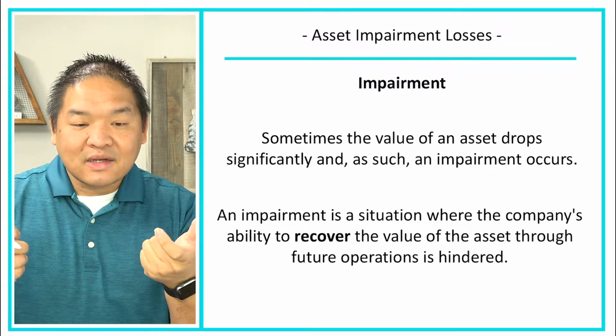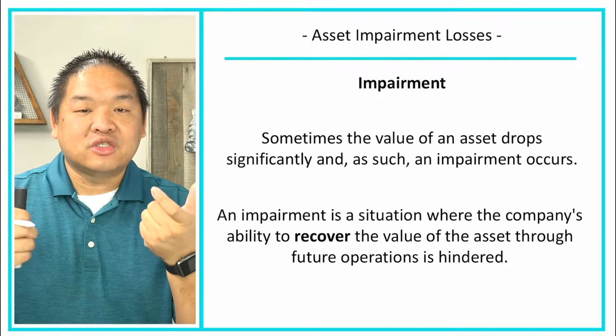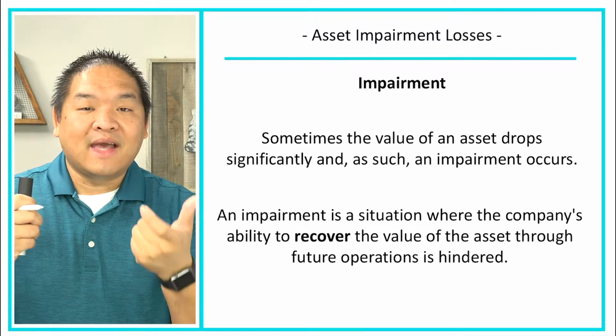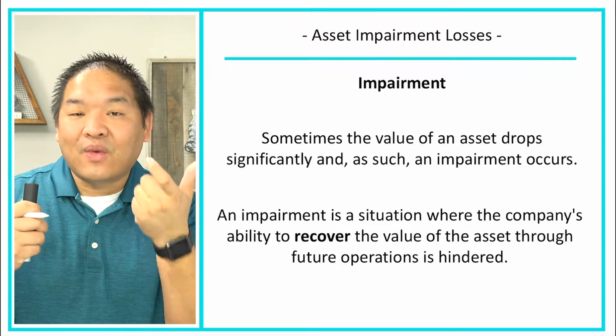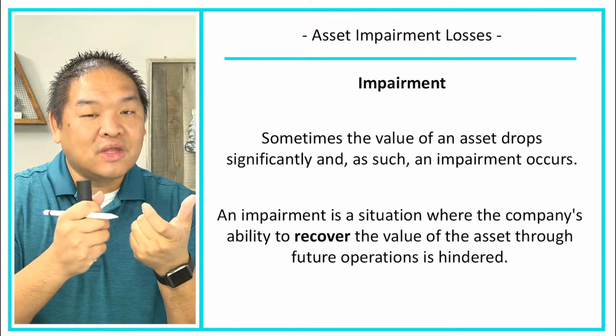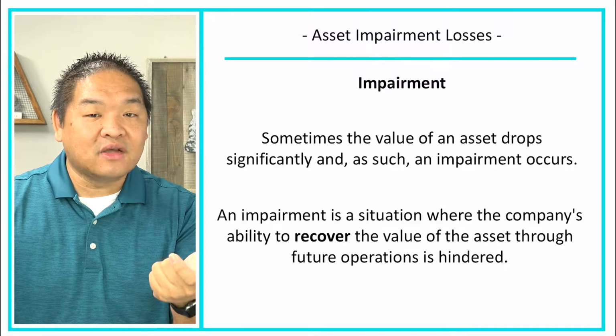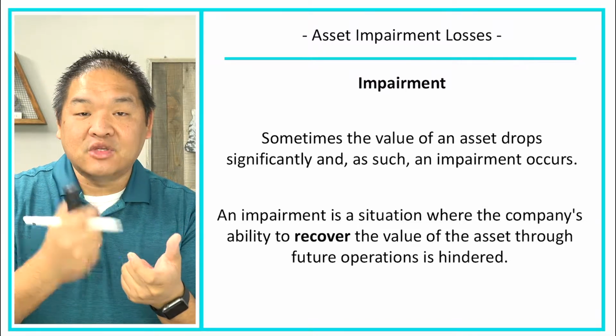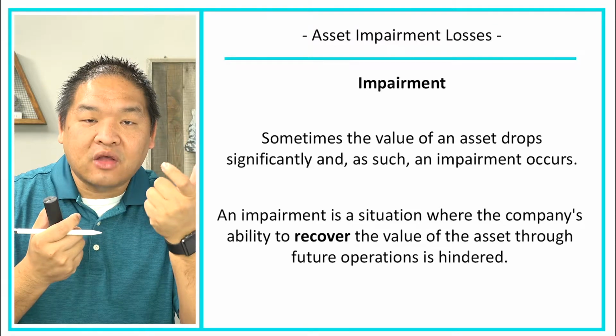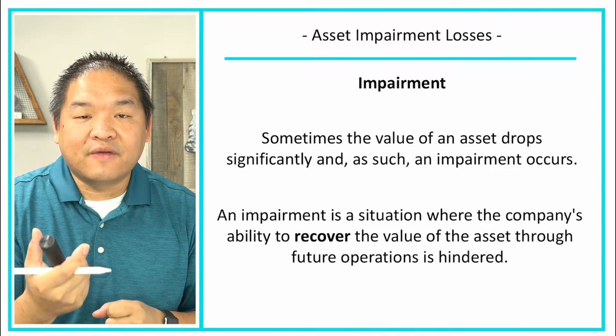So technically, our machine has realized an impairment because it really isn't worth $1 million when the machine can only generate $250,000 of revenues or sales because of that machine. So we're not going to recover $1 million. We're only going to recover about $250,000.